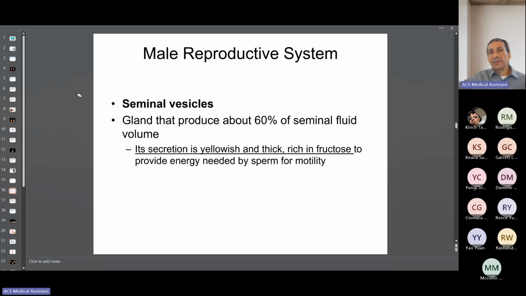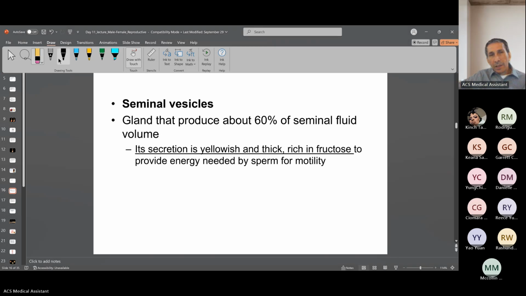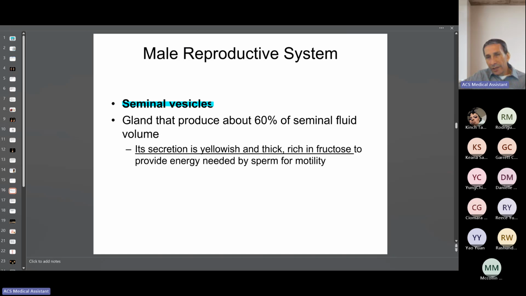Next, here it is, the seminal vesicles. Before we go over this, think about the word seminal. Pertaining to semen. Semen and sperm are not the same. So don't confuse that. Whenever you hear about semen or sperm, they are not synonymous. They are not.